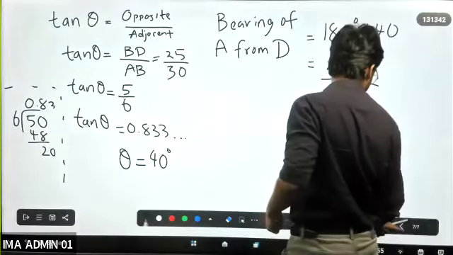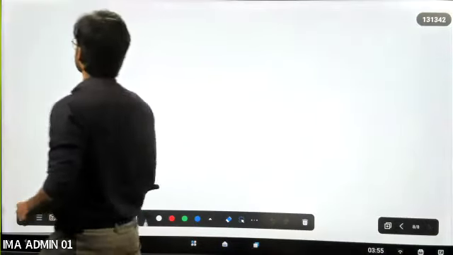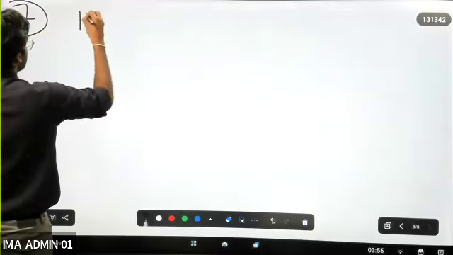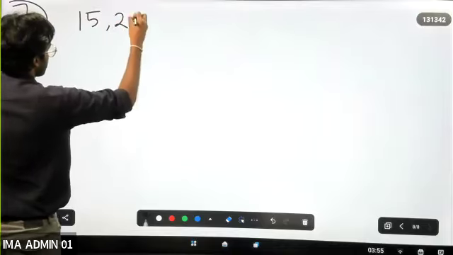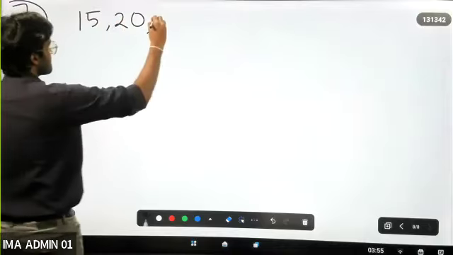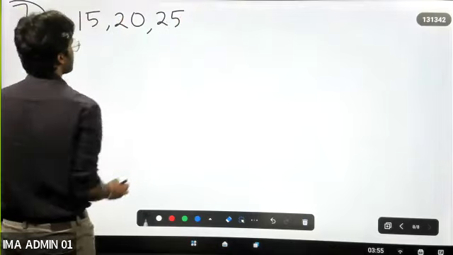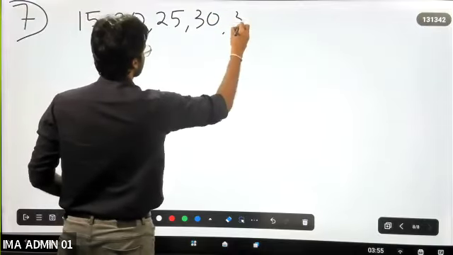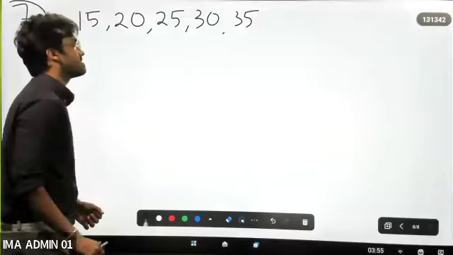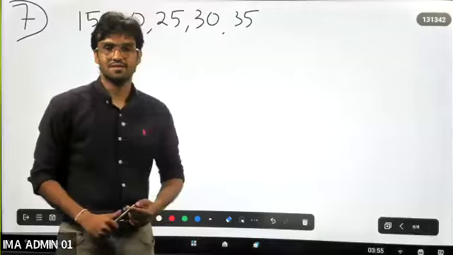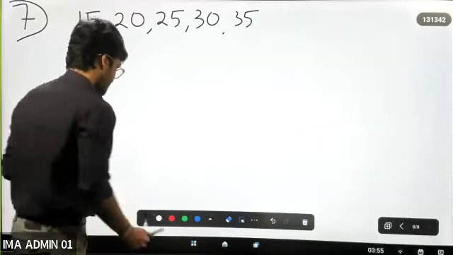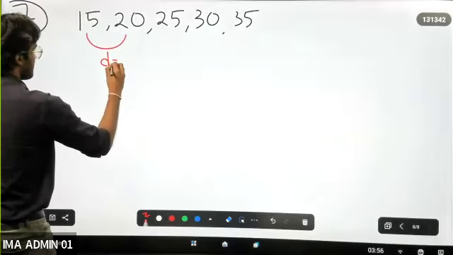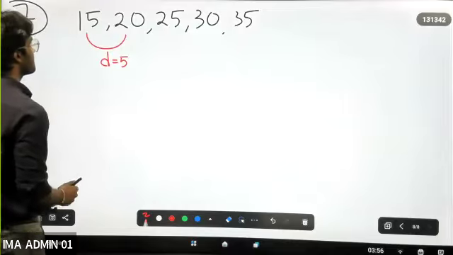So the simple understanding of this question is that on the first day the doctor is giving this guy 15 milliliters, and then next day he's prescribed 20 milliliters, and 25 milliliters, and so on. It will go 30, maybe 35, likewise. Here the difference is 5 milliliters, or 5 numerically.